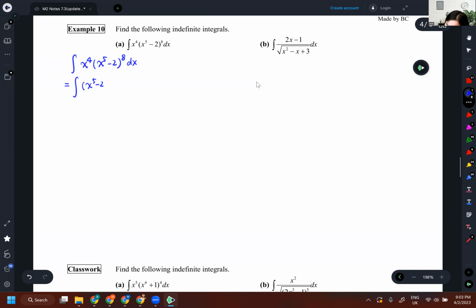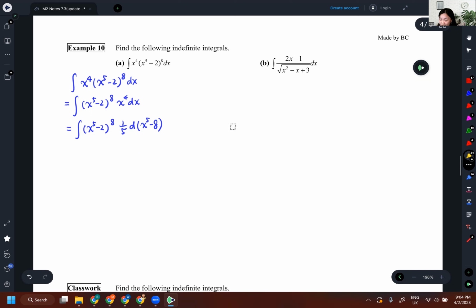I think that's easier, but this one, I'm not multiplying anything or dividing anything. This one is with the knowledge of knowing what the differentiation could be. Basically I did the differentiation in my head.